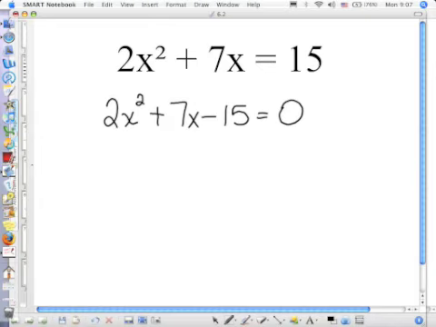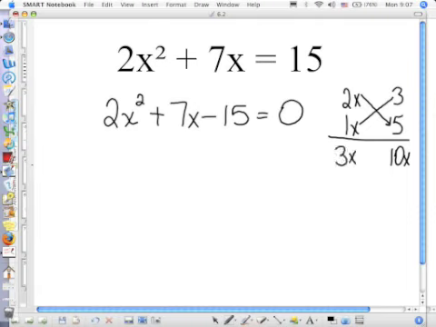If you recall, we had a little trick, a little shortcut, to factoring these because they were a little bit more complicated, where we took factors of your first term and put them on top of each other. 2x times 1x gives me 2x squared. And we took factors of 15, like 3 and 5, and wrote them on top of each other. And we did a little cross multiplying trick. If we cross multiply across and down, we get 10x and 3x. Do those two subtract to give me 7x in the middle?